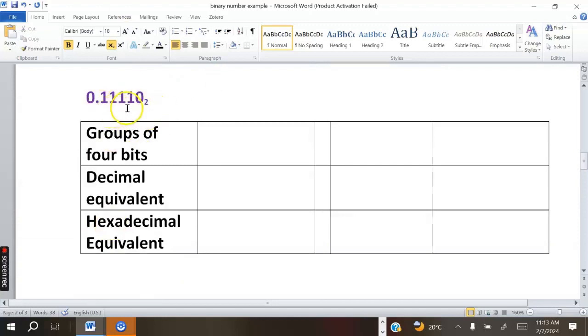As you can see, we have integral parts on this side and the fractional part on the other side. So number 1, you have to confirm whether you can get a group of 4. And as you can see, it is not totaling to a group of 4. So you need to note this one. If the bits are less than 4, then you are supposed to add 0 to the left of the bits of the integral part.